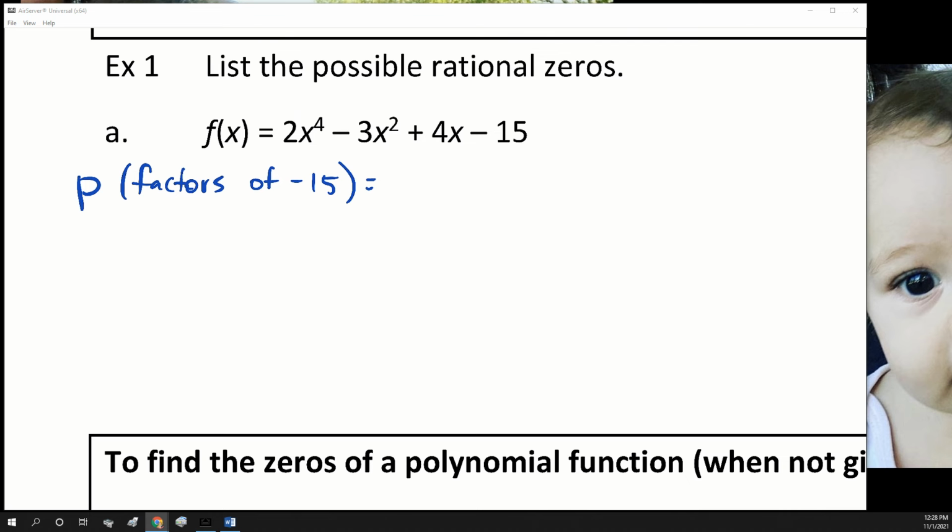So the factors of -15 are going to be positive and negative 1, positive and negative 3, positive and negative 5, and positive and negative 15.